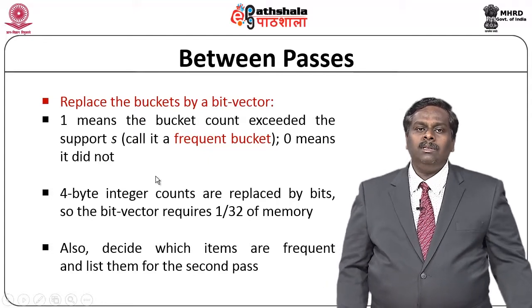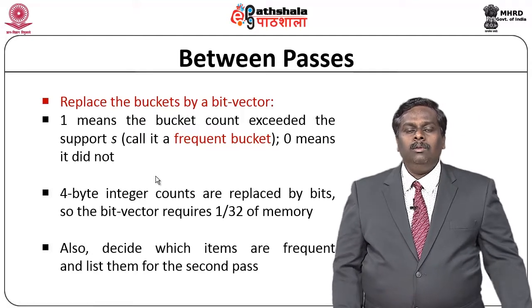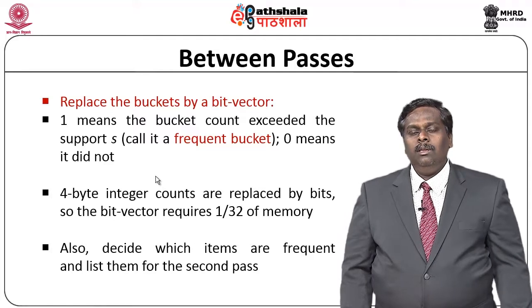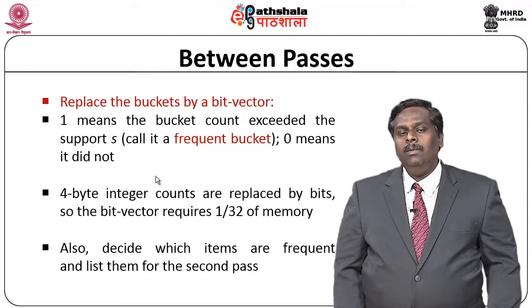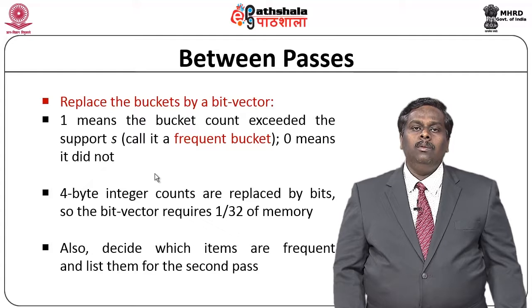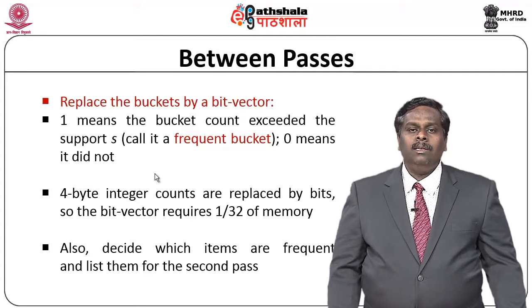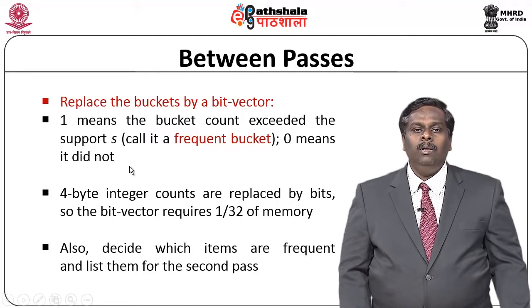So, now what happens is, instead of working on the count which is represented by 4 bytes of information, we are reducing that to, say, a single bit, which is almost 1 by 32 of the memory. So, we are minimizing the quantum of memory which is going to be used in between the passes.